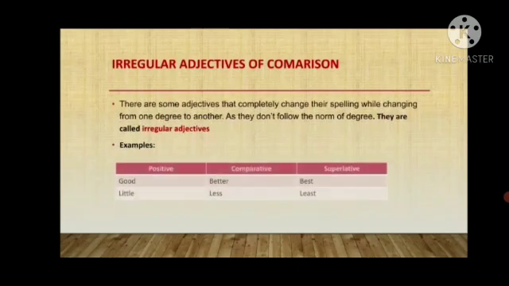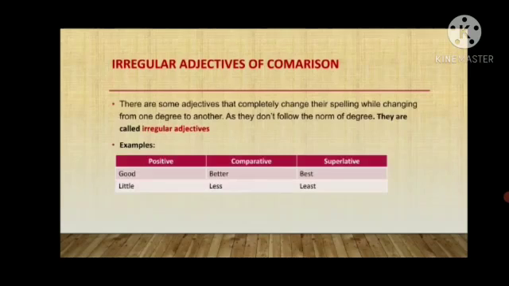For example, positive degree, comparative degree, superlative degree: good, better, best; little, less, least. In all these words, you can see the change in spelling while changing from one degree to another, but the meaning doesn't change. When a word completely changes its spelling while changing from one degree to another, it is called an irregular adjective.